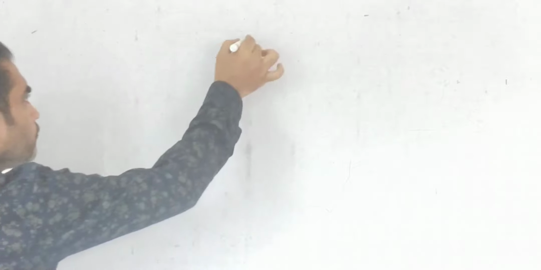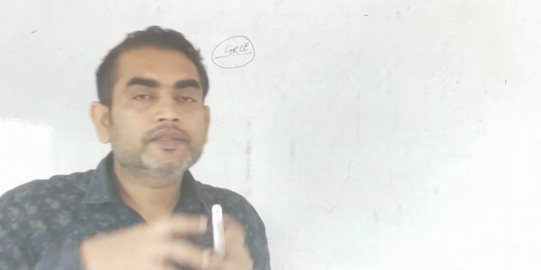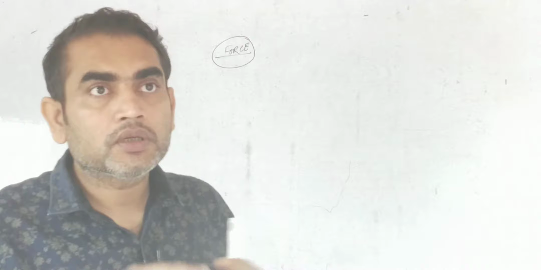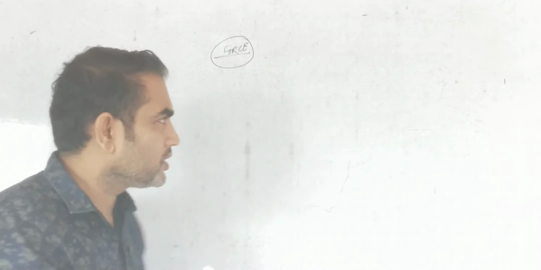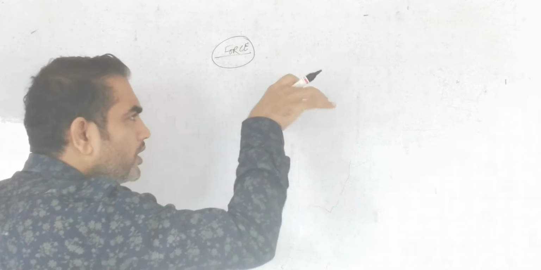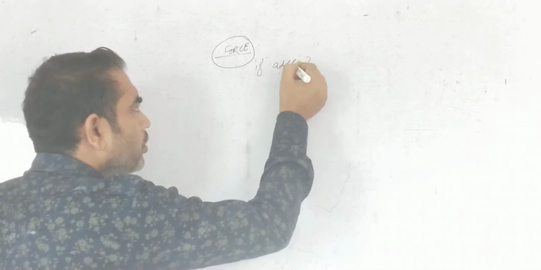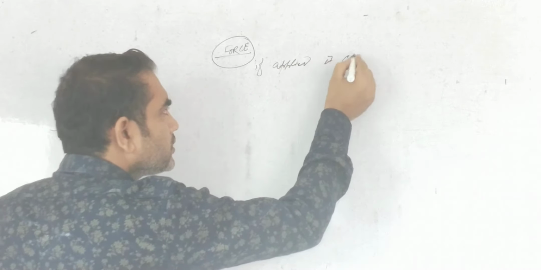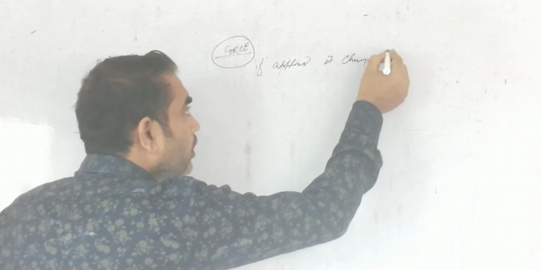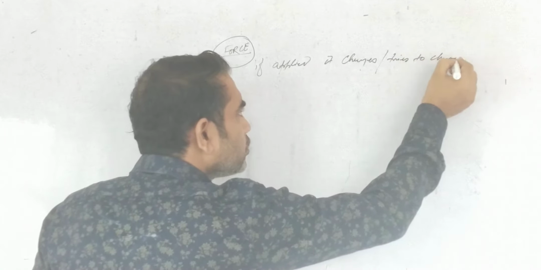Force. You know very clearly that force is an external agent which, when applied on an object, changes or tries to change the shape, size, motion, configuration, etc. of an object. That means it is not guaranteed.